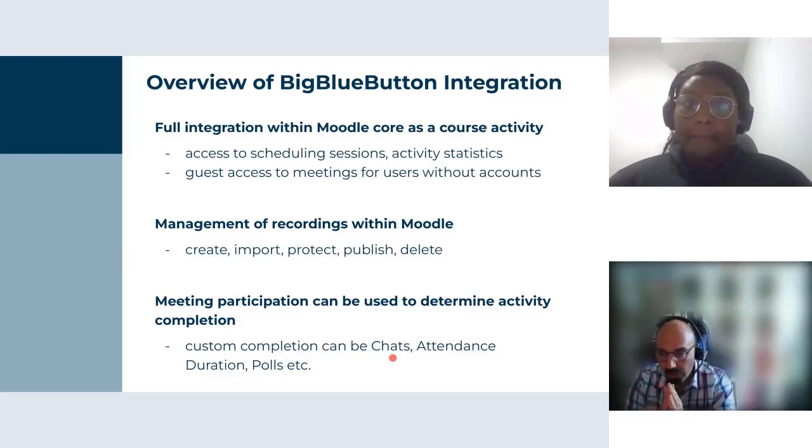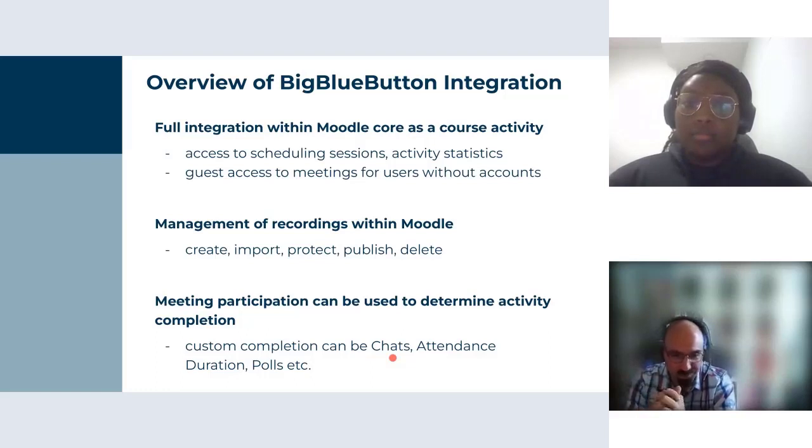We also have benefited from the new feature that Moodle has introduced since 4.0 and 4.1. So the current integration consists of an activity, a course activity, that will allow you to be scheduled. You can now also have guest access to the meeting.